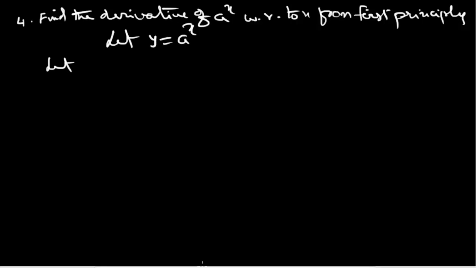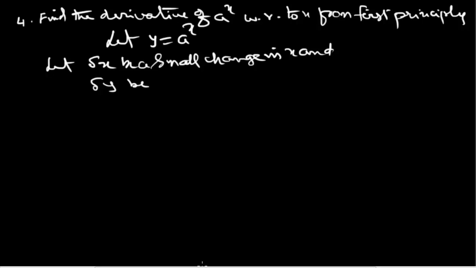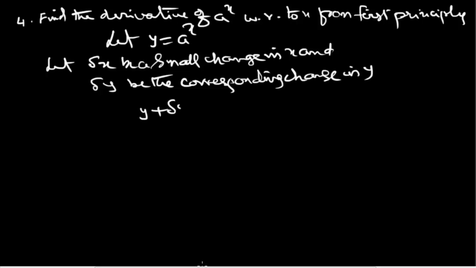Let delta x be a small change in x and delta y be the corresponding change in y. So y plus delta y is equal to a power x plus delta x.